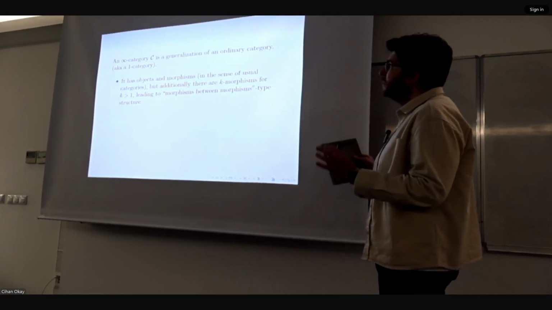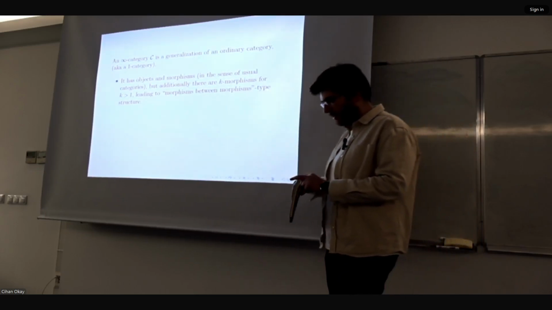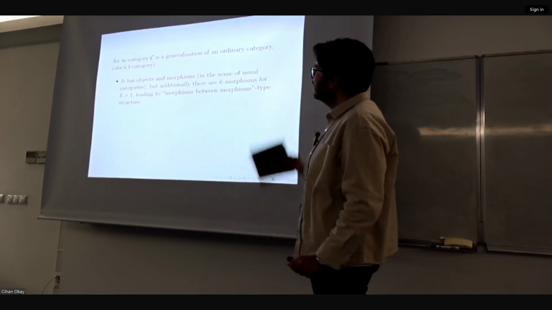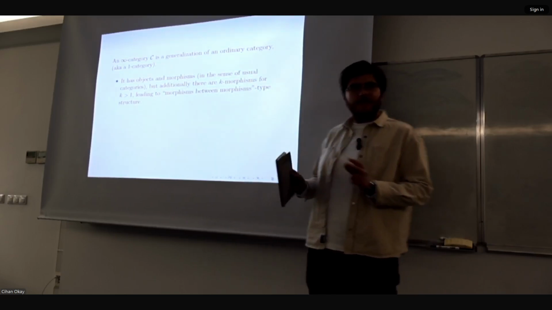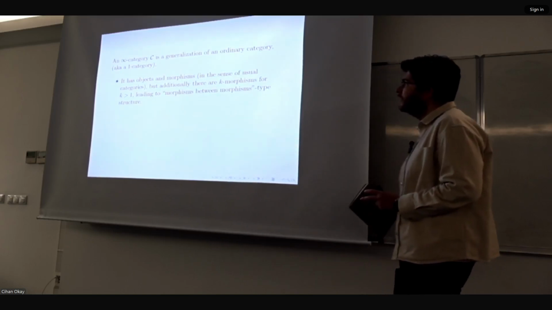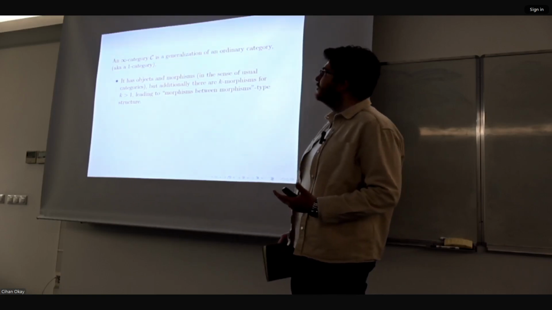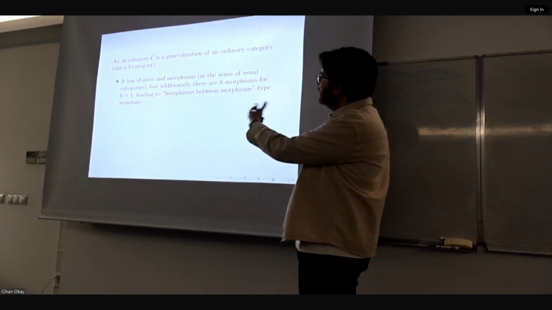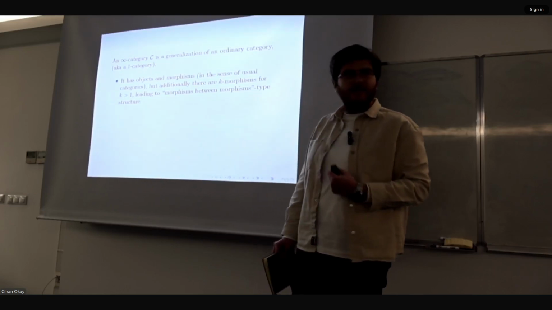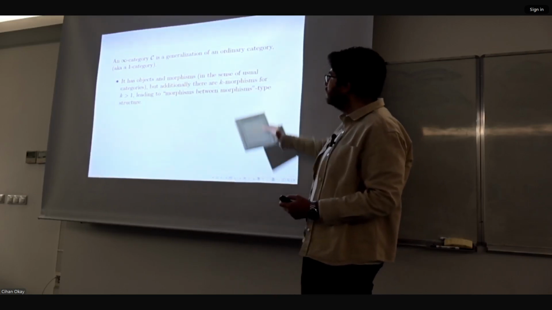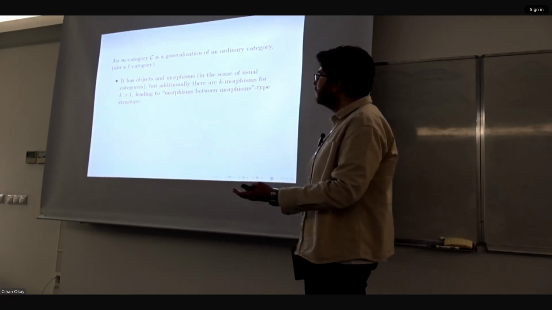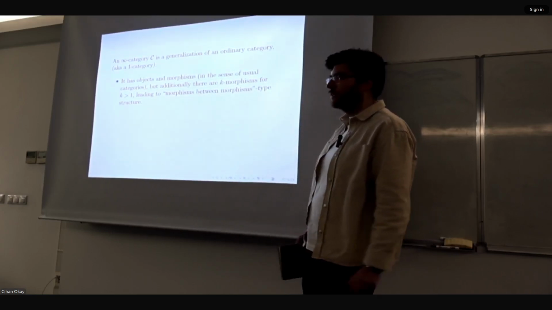When somebody talks about an infinity category, you should understand that this is a generalization of the usual category theory or usual categories. Once you adopt infinity categorical language, the usual ordinary category is just a one-category in that language. You will have objects and morphisms, just like in ordinary categories.